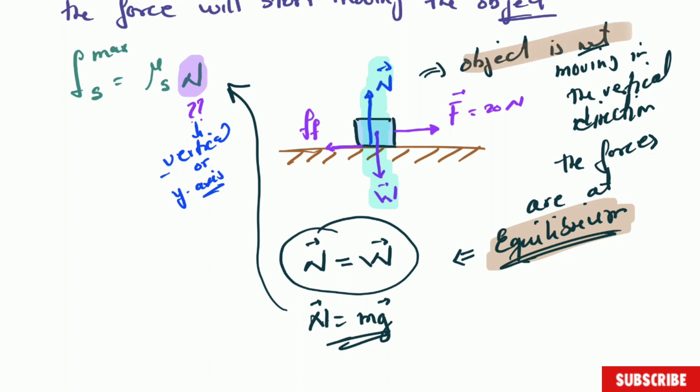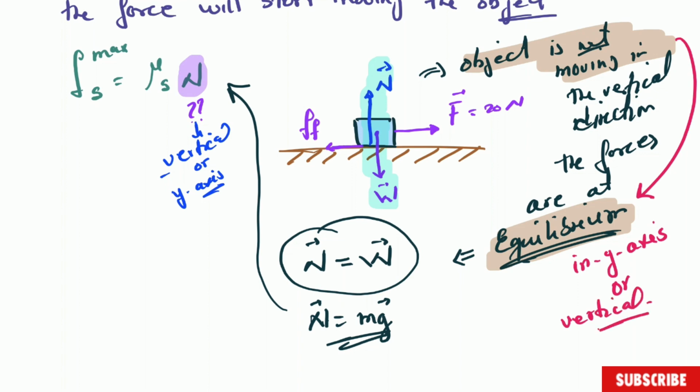Let's write here: object not moving means there is equilibrium in the y-axis, or vertical. Everything on top is equal to everything at the bottom. I hope you get that one now. Then the problem is almost solved.